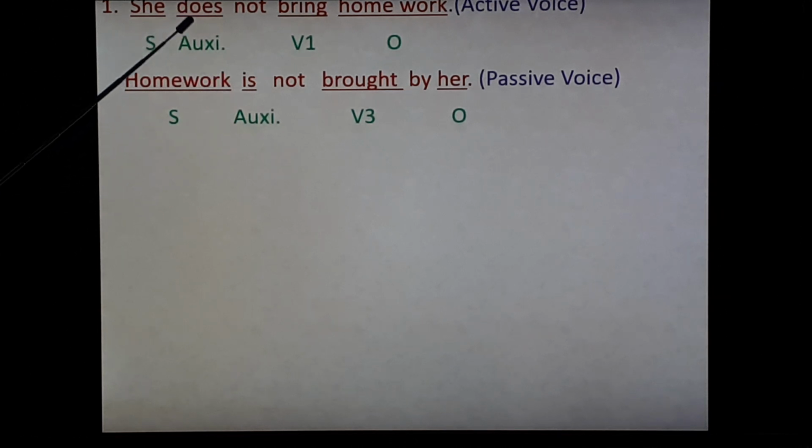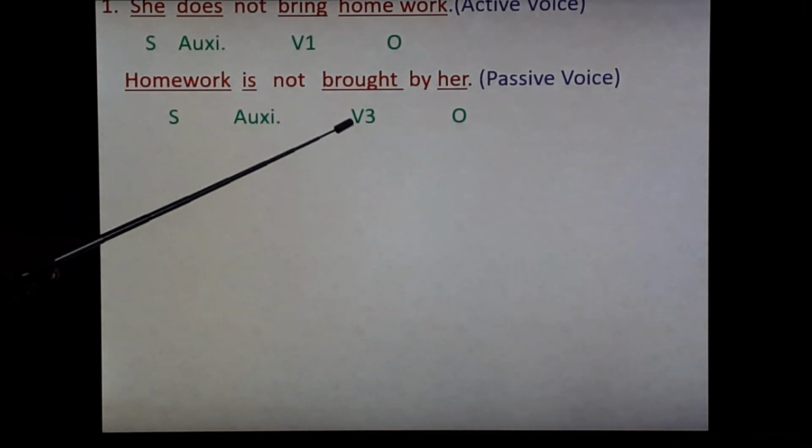Because does is given, simple present tense, that's why is, am or are. According to the subject homework, you have to put is. After that, we are framing a negative sentence, that's why not is given. Then you have to write the V3 form of the main verb bring. What is the V3 form of bring? Brought.